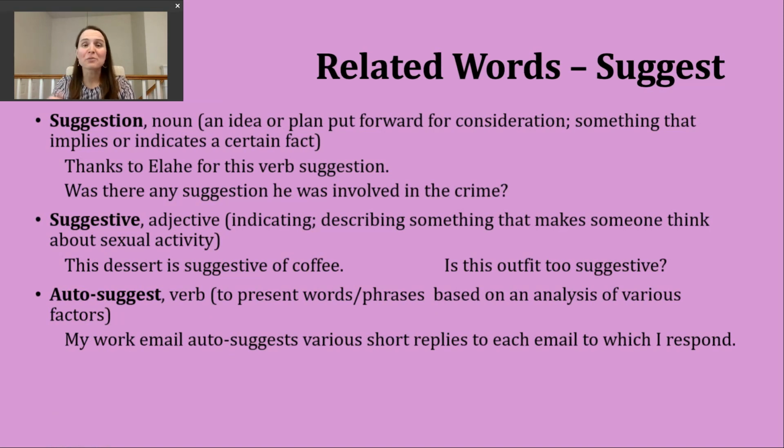Technology now will present words or even phrases, a group of words. And they're using this based on analysis of other factors. So other messages you've sent, other common patterns that occur in language. So an example here. My work email auto-suggests various short replies to each email to which I respond.